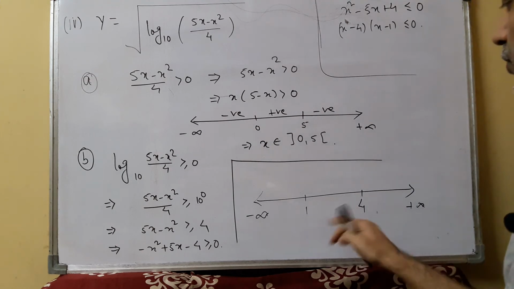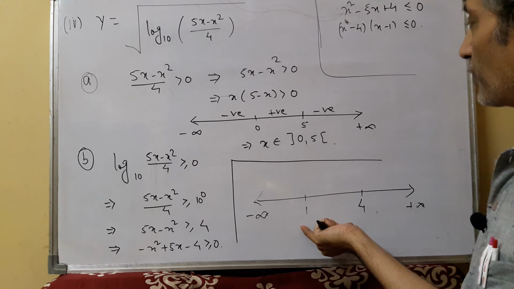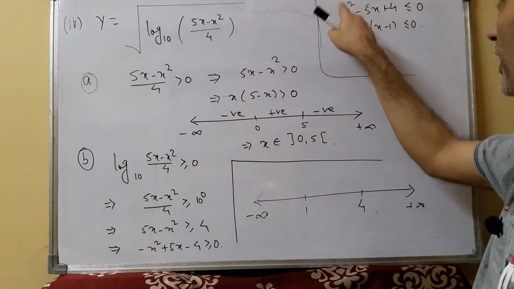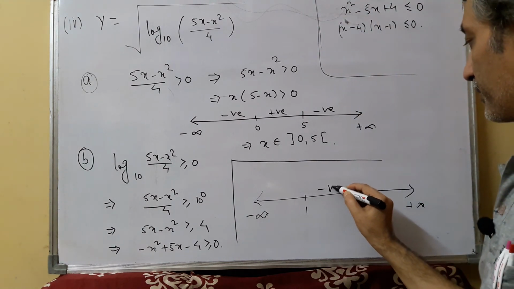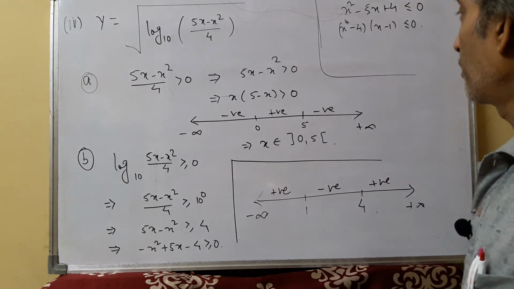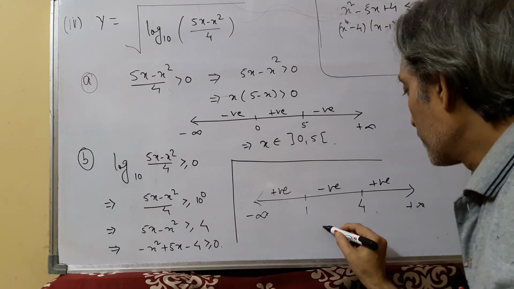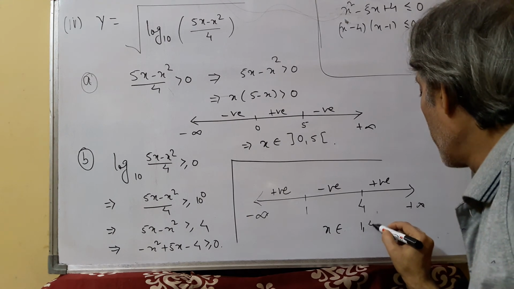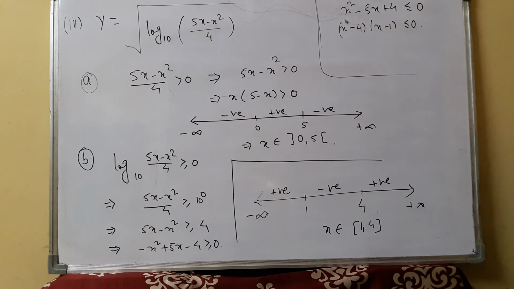Now these two values are real and distinct. So in between these two values, the sign of this will be opposite to that of A. Since A is positive here, therefore it will be negative here, and here positive, here again positive. But we need the negative values. So x belongs to 1 to 4, including 1 and 4, because here it is equal to 0 as well.